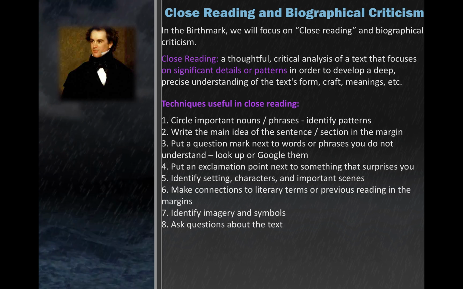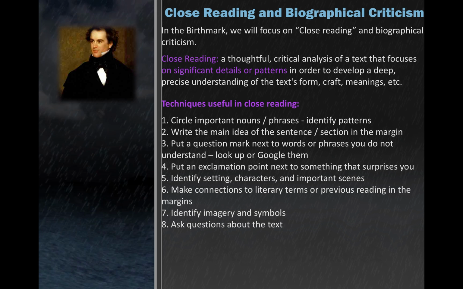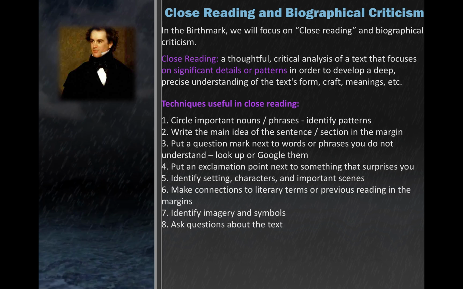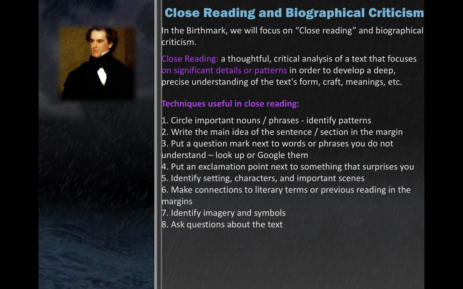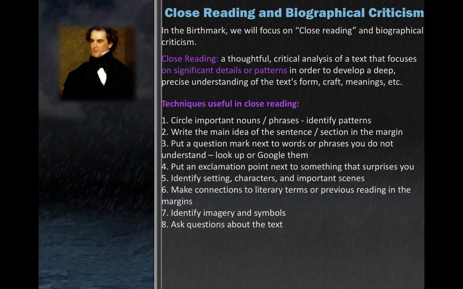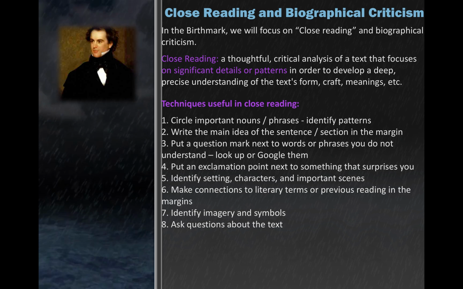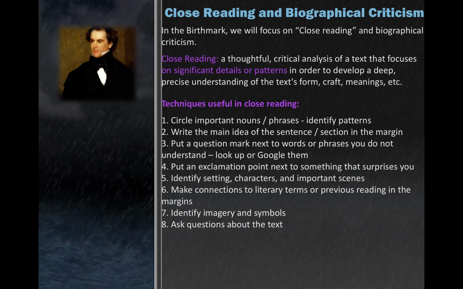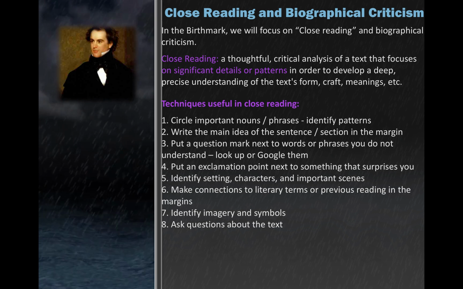You know, a tree, you could talk about the many different ways a tree could be symbolic. The fact that it's rooted, the fact that it usually has a long history, or that it's stable and sturdy and solid. It could be symbolic in a number of ways. And ask questions about the text as you read the text.